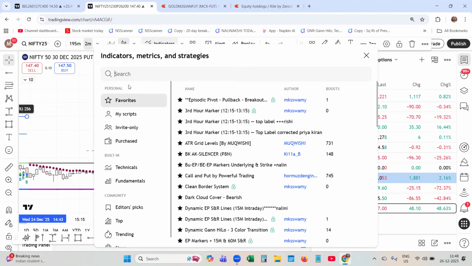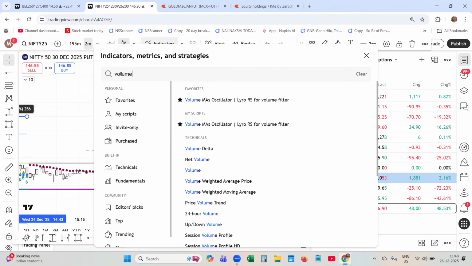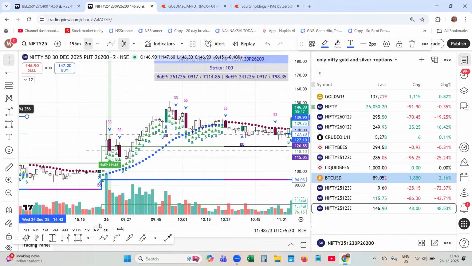If I go to the community scripts and type in volume over here, I'm getting this. I'm trying to apply this. See, in this candle and the next candle, the volume is above average. Volume has triggered and the price is also triggered, and bullish EP was triggered there.